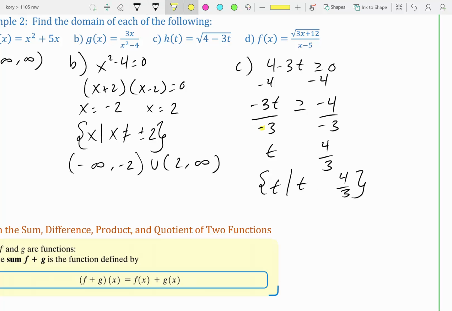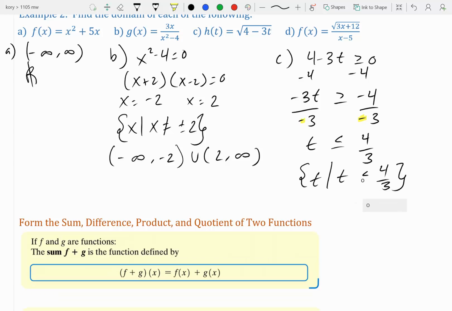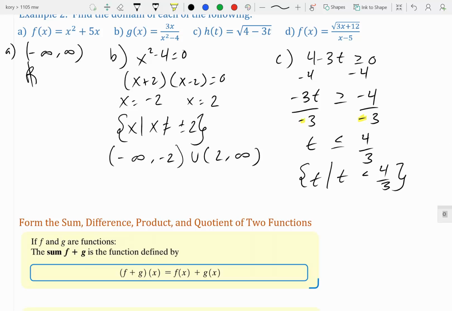Right here, we divided by a negative. If we divide by a negative, you have to flip that sign. There we go. Glad I caught that. So t has to be less than or equal to 4 over 3, which means we start from negative infinity. So we have negative infinity to positive 4 over 3.